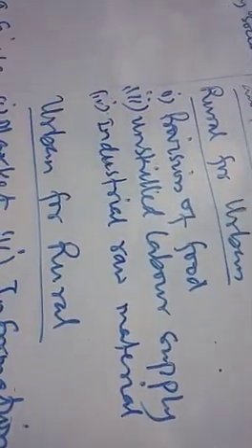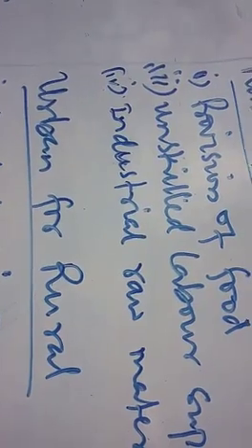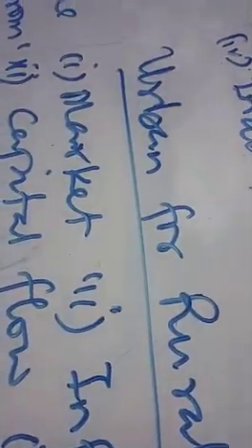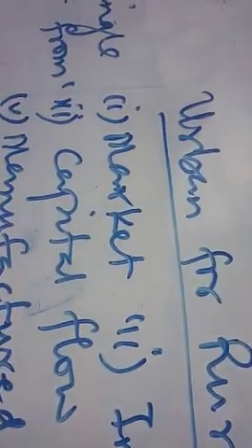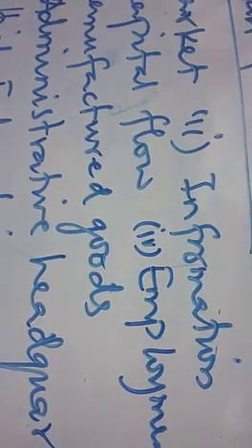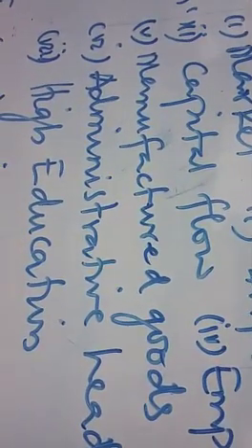Next, we have the urban settlement, on which the rural settlement depends, for the following. One, markets, two, information, three, capital flow, four, employment, five, manufactured goods, six, administrative headquarters, seven, higher education like universities and colleges of education, they are all in the what?